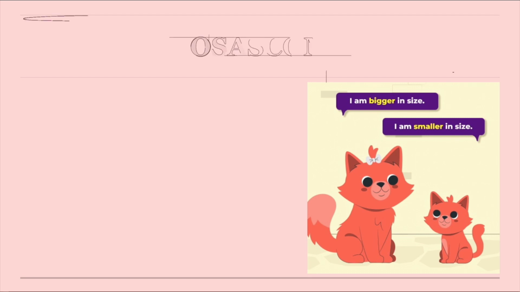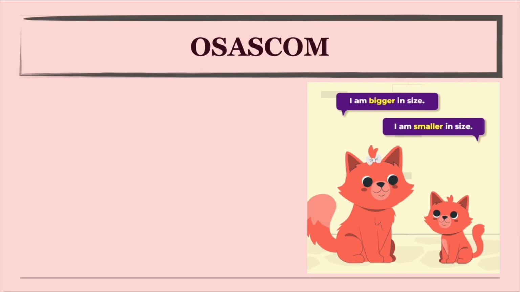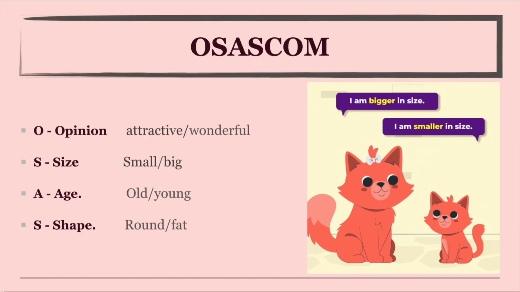It's a very simple rule. We're going to use the OSAS-COM method that helps us organize our adjectives in the sentence. First of all, we have the O that stands for opinion, such as attractive or wonderful. Then the S that stands for size, such as small or big. After that, the A stands for age, such as old or young.